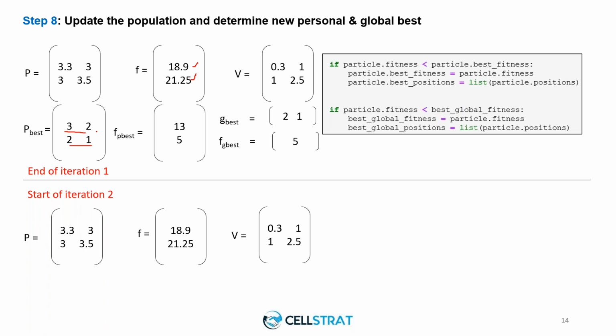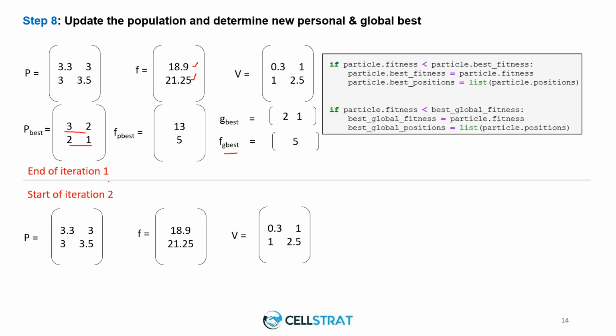It will still remain the same, 3, 2 and 2, 1. The global best also remains the same because the previous p best is retained, and the same goes for f of g best, which is nothing but the fitness function of this g best. So this ends the iteration.